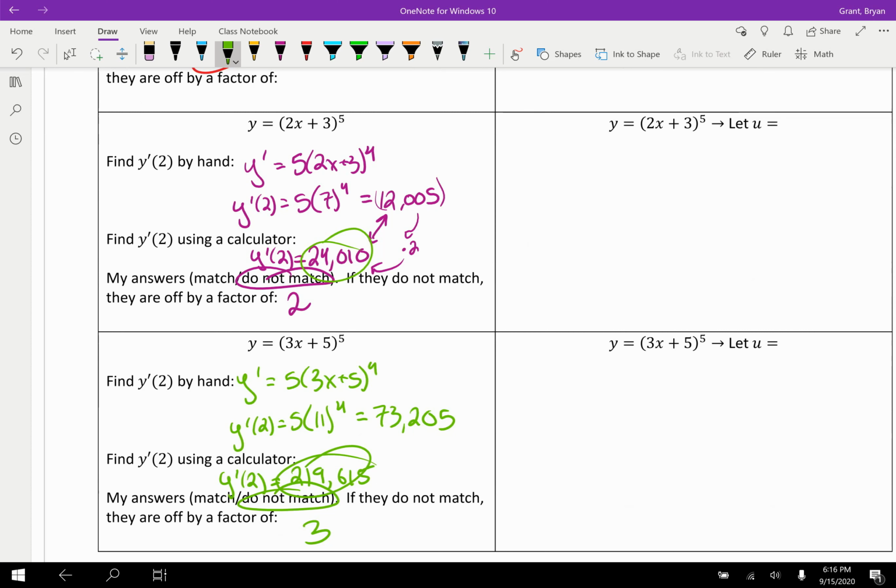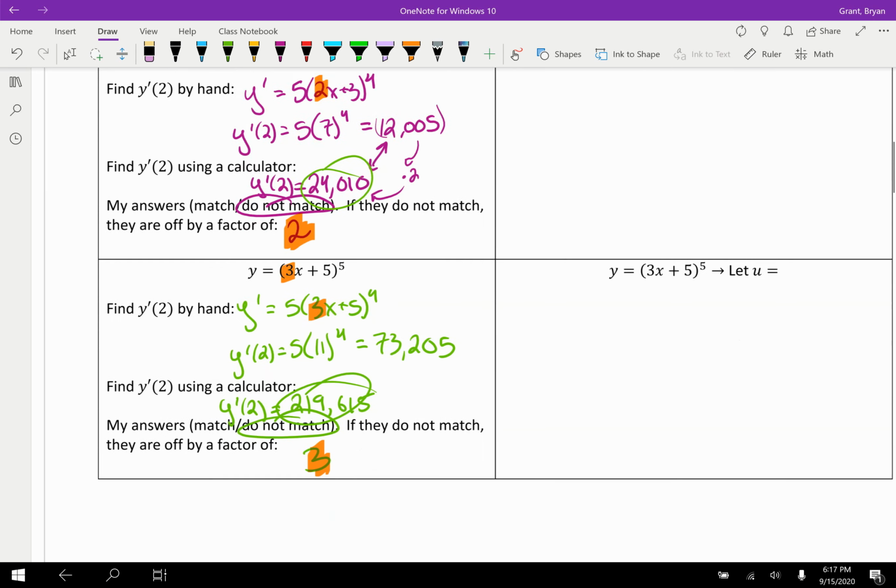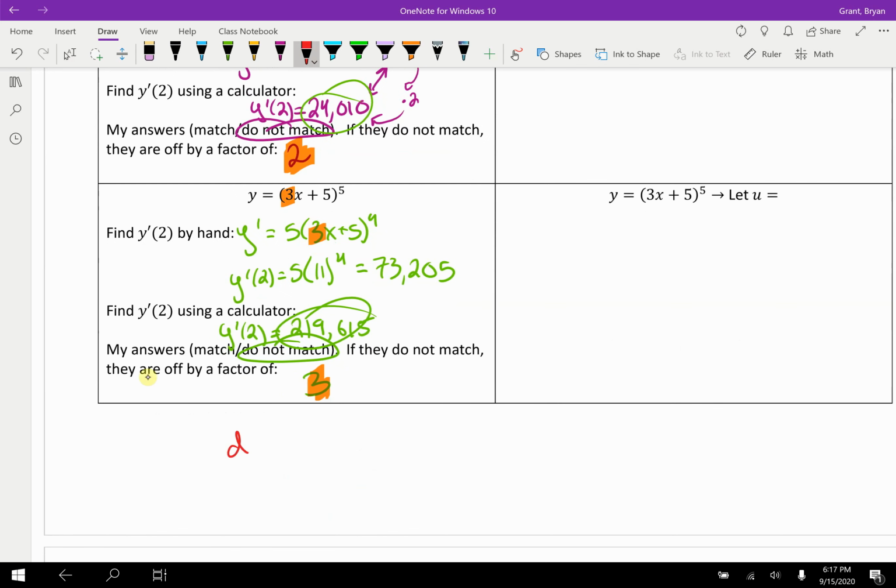Well, hopefully you were starting to put it together and said, wait, we're off by a factor of 2? There's a 2 right here. We're off by a factor of 3. There's a 3 right there. And maybe we could even think, how does 3 relate to 3x plus 5? Well, those of you might say, wait, if we take the derivative of 3x plus 5, that's 3.